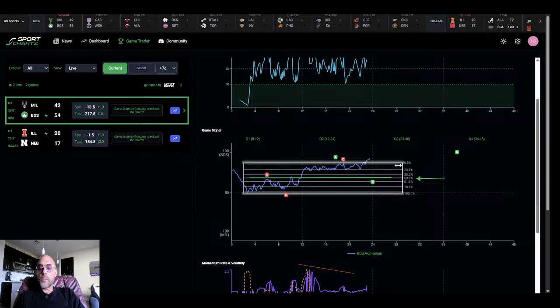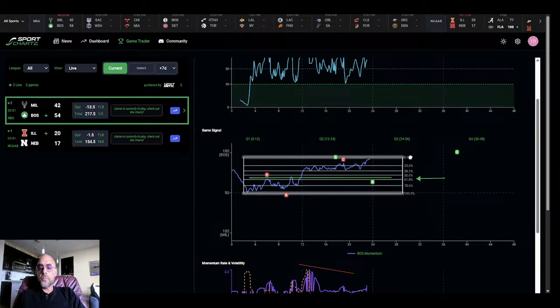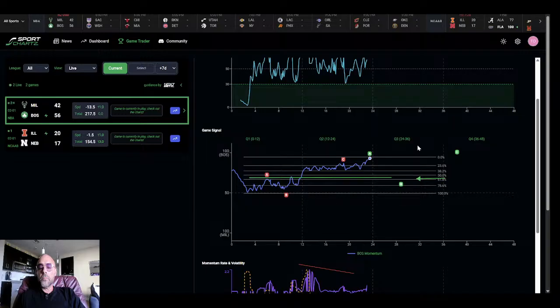All right, so now we have to. Wow. Still 50% pullback to test this.